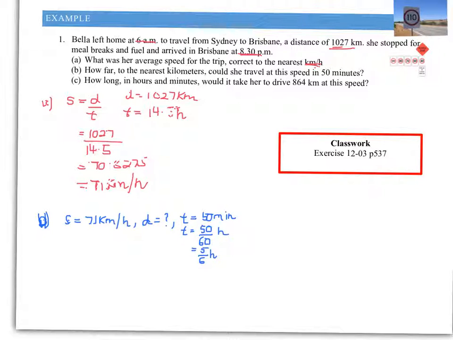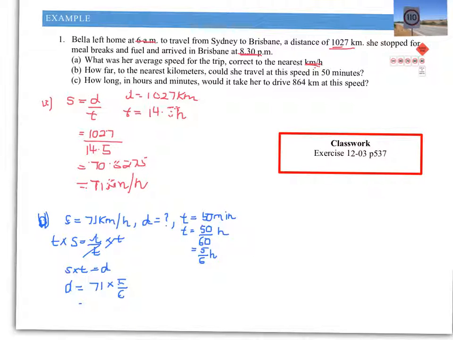So now we can use our distance, speed, time formula, and we can rearrange it. We have speed equals distance over time, but we actually want distance by itself. So if we times time to both sides, those times cancel. So speed times time equals distance, or we can just memorize that. So my distance is going to be my speed times my time, which is 5/6 of an hour.